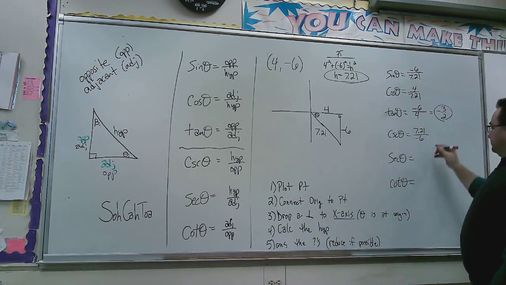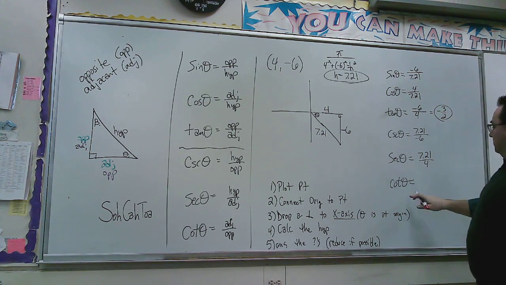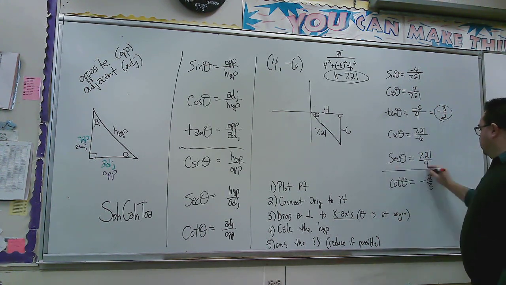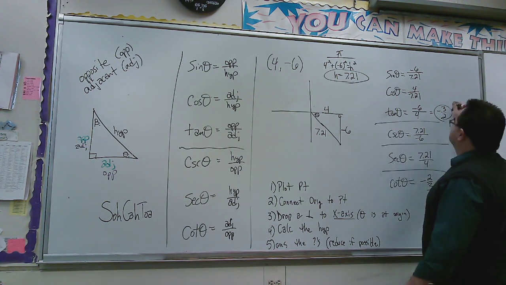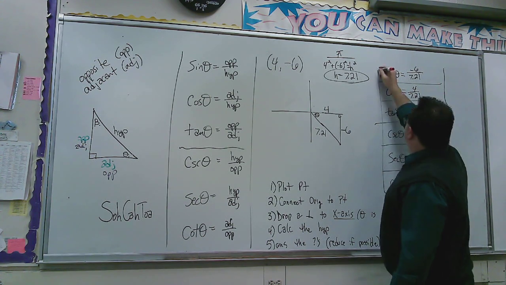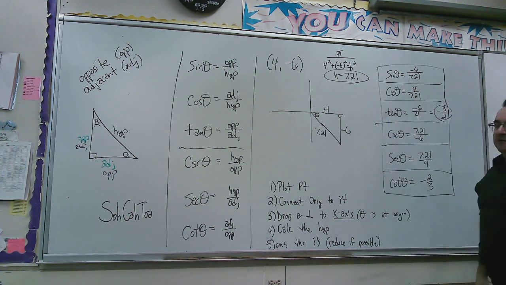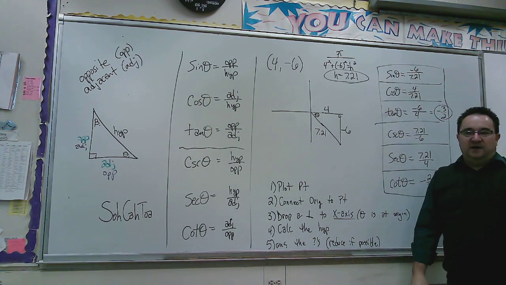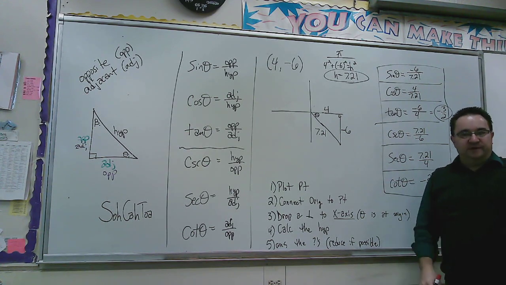Secant is the cosine flipped over. And cotangent is the tangent flipped over. And there it is. So I want you to try some of these and let me know if you have questions, and we'll move on from there. Have a great day.